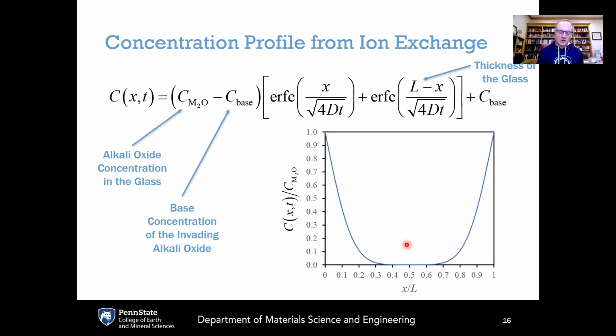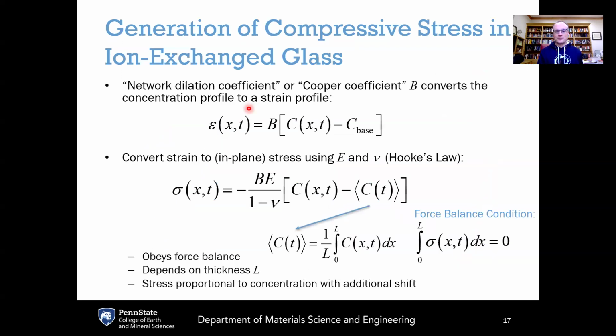In some of the earlier chemically strengthened glasses that were used, there was some small concentration of potassium oxide in the glass, but in later iterations of chemically strengthened glass products, generally that goes to 0. So in most cases, the C base here is 0, and we don't have to worry about it.